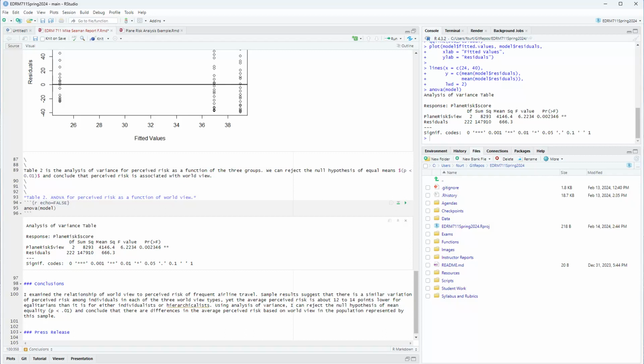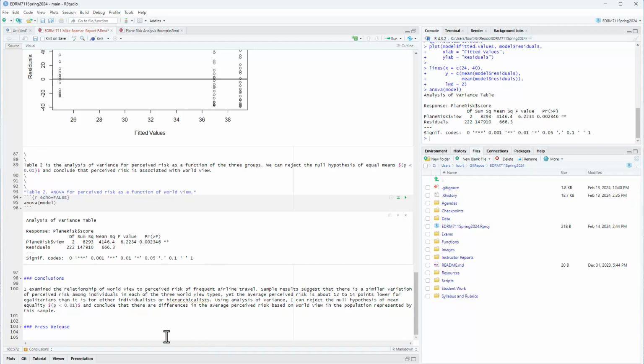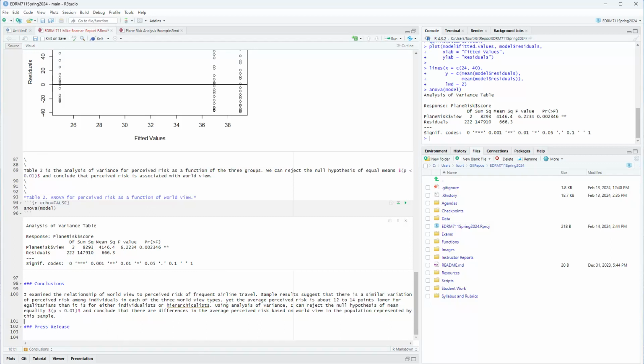Using analysis of variance, I can reject the null hypothesis of mean equality. My p is less than 0.01. And conclude that there are differences in the average perceived risk based on worldview in the population represented by this sample.